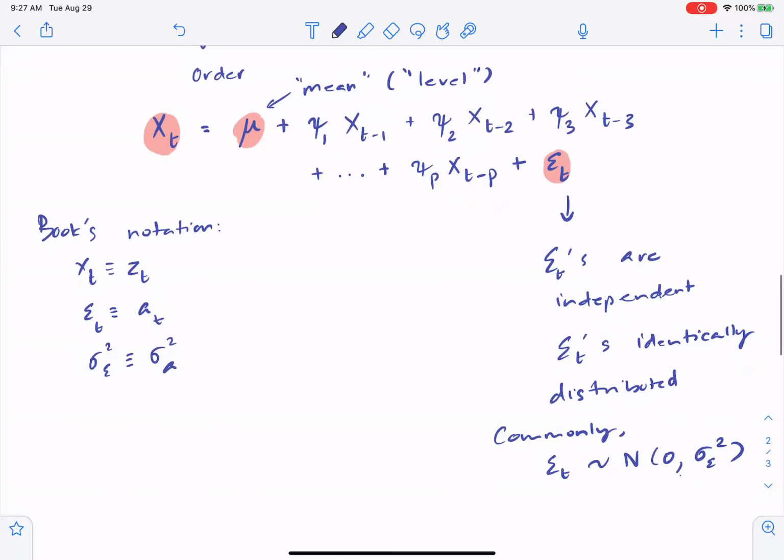There is nothing wrong with retaining mu in the equation, but in terms of estimation, mu doesn't have to be there because it's a constant. I can deal with it later, in the sense that when I fit the model, I can get rid of the mean, and then when I come to forecasting, I can simply add the mean back.